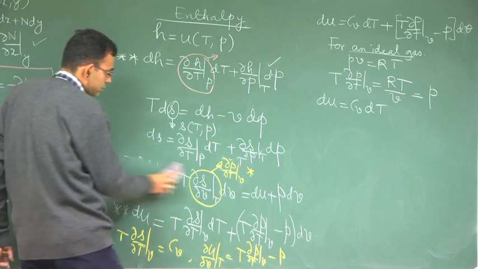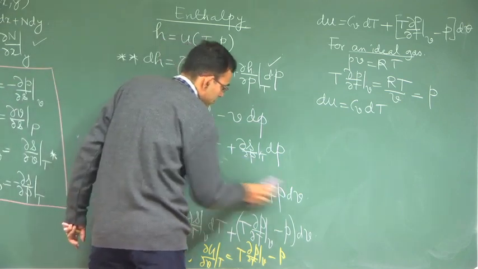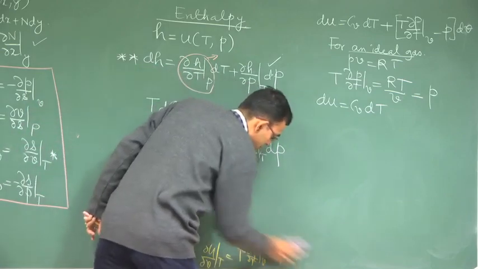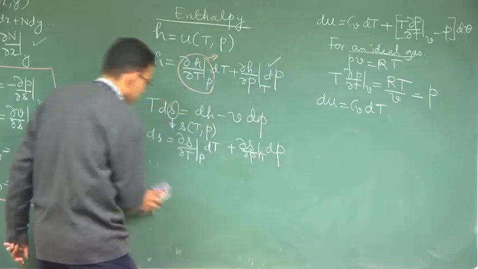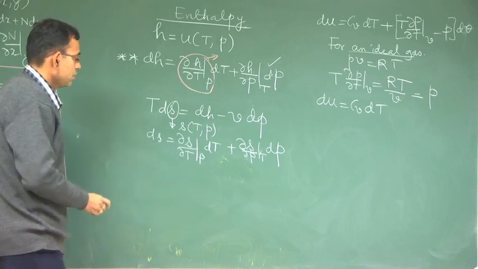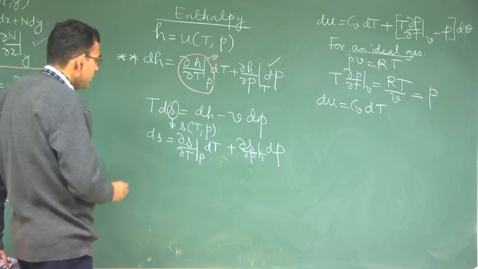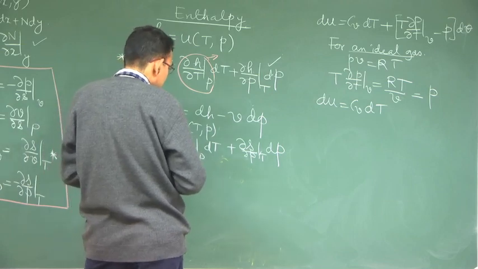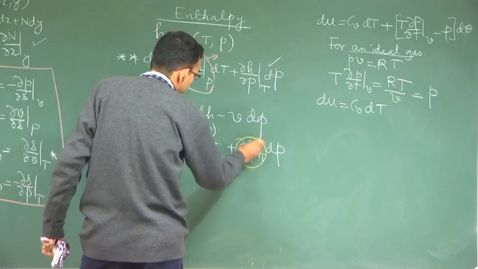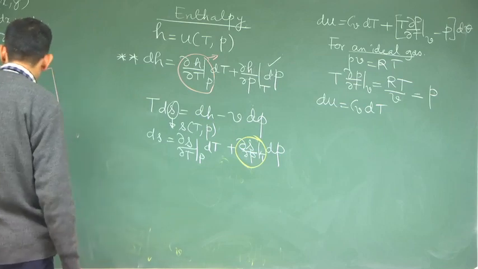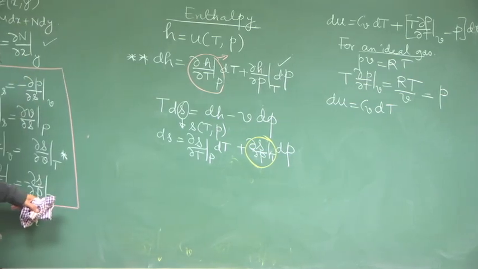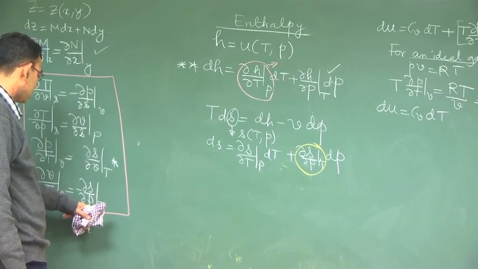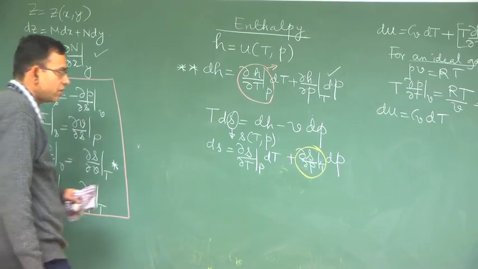Okay. So then we will use one of the Maxwell's relations here, del S del P at constant temperature. Let us find out, it is the last Maxwell's equation, del S del P at constant temperature is minus del V del T at constant pressure.